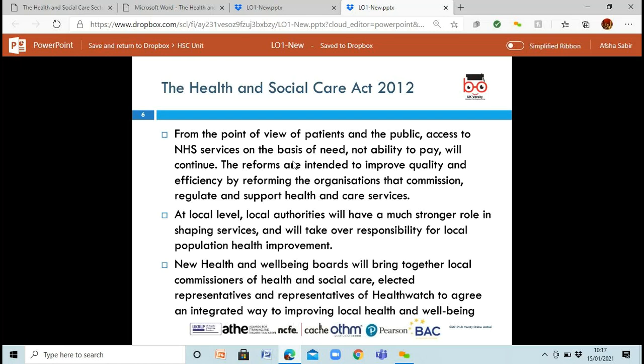So at a local level, authorities will have a much stronger role in shaping services, and they're going to start taking over responsibility for local public health improvement.